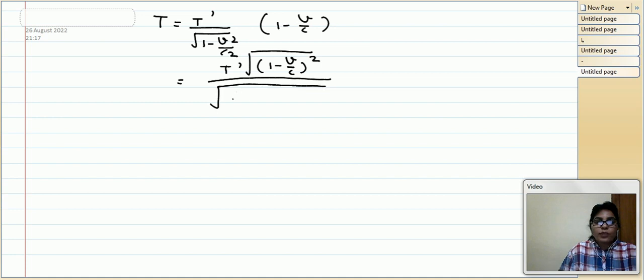So there is some manipulation. So it is 1 minus V square by C square. So we can write it as 1 minus V by C into 1 plus V by C. So 1 minus V by C is cancelled with this.